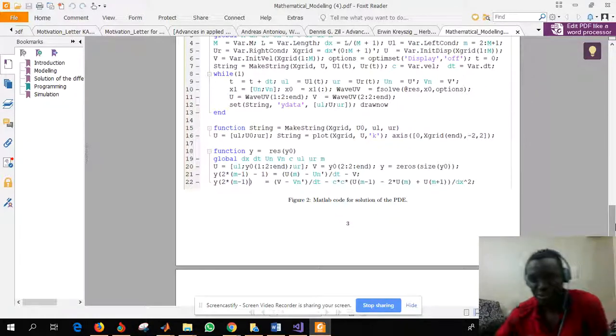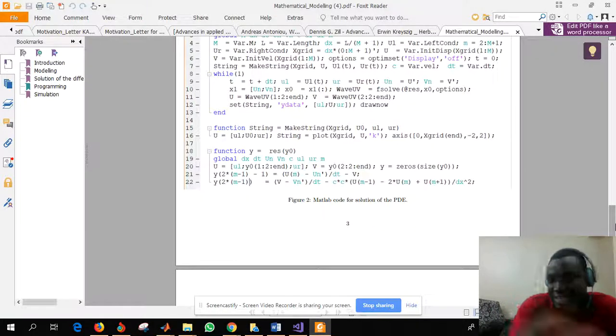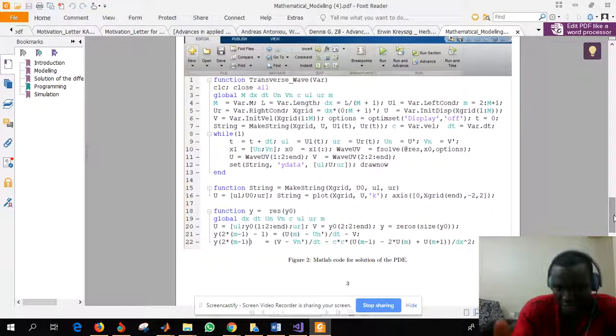Then I just do vector indexing so that I don't have to go through the loop to calculate the residual at each grid point. So I send that into the while, and that is what is used by fsolve to calculate the correct value of u and v. So that is a brief explanation of everything in the code. It's just about 22 lines.